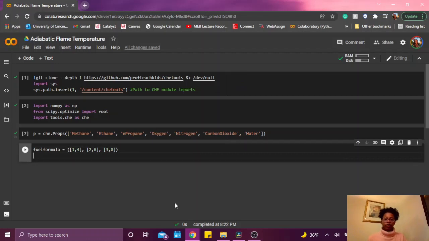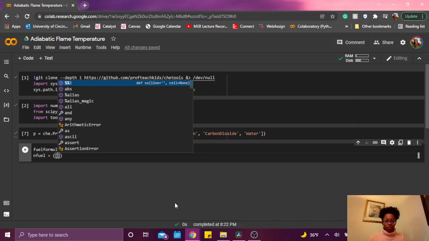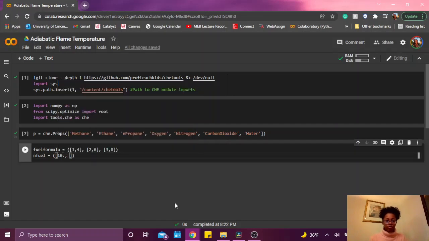And then we're going to want to create another matrix for our moles of the starting components, methane, ethane, and propane. So we'll do N fuel is equal to, we'll start with 10 moles of methane, 1.5 moles of ethane, and 1 mole of propane.